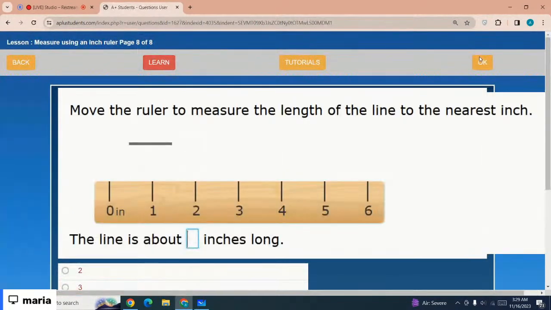Move the ruler to measure the length of the line to the nearest inch. So which is the correct option?